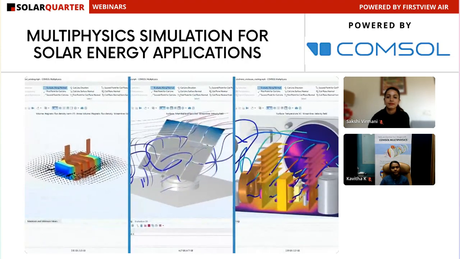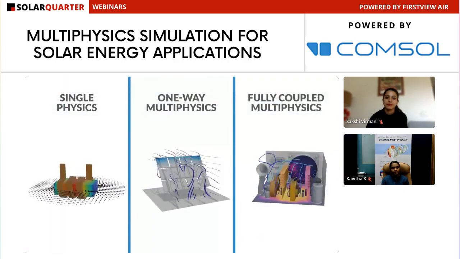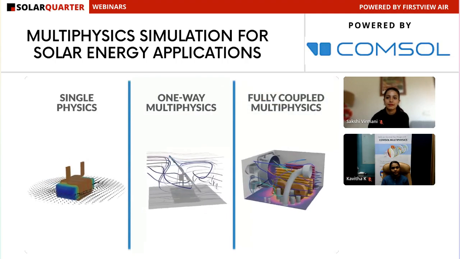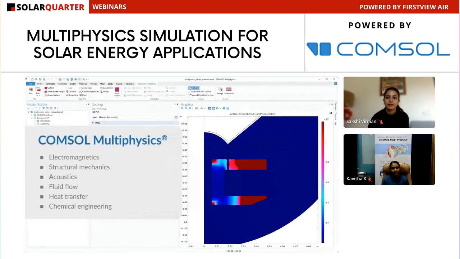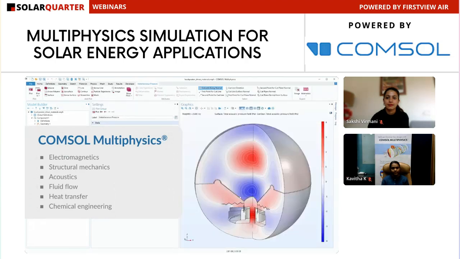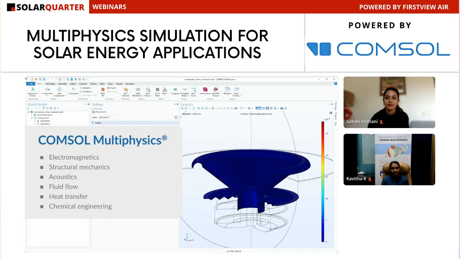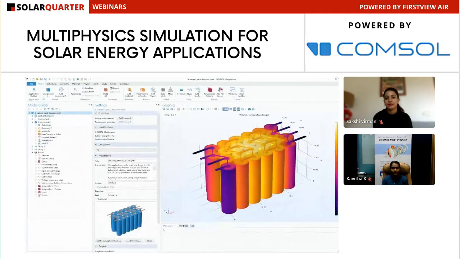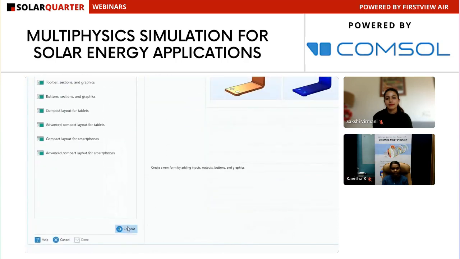Depending on the scenario, you may want to model single physics, one-way multiphysics, or fully coupled multiphysics. The COMSOL software offers all three, and the true advantage of COMSOL Multiphysics is the ability to model unlimited multiphysics, where all physics in a model interact, affect each other, and together influence the model results. If you need to add any physics, including your own equations, to your model, you can. The application builder in COMSOL Multiphysics gives you the tools to build your own simulation apps.